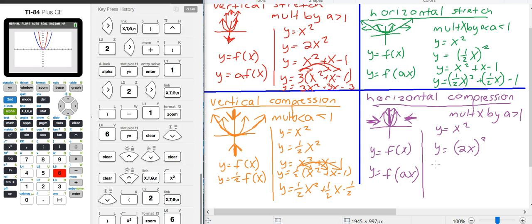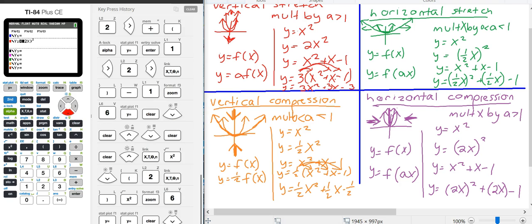Let's look at the more complicated function. We'll use the same one as before, y equals x squared plus x minus 1. And when we want to compress this horizontally, we're multiplying just the x terms by, let's say, 2. So this becomes y equals (2x) squared plus 2x minus 1. Notice how we didn't do anything to the negative 1. It's a constant and it does not have an x. Let's graph these two.